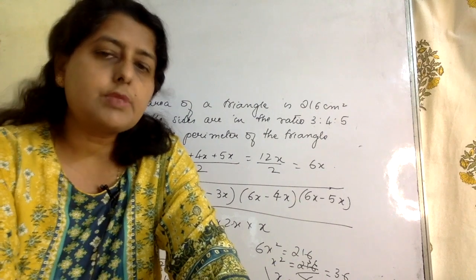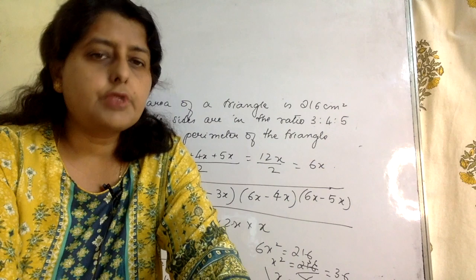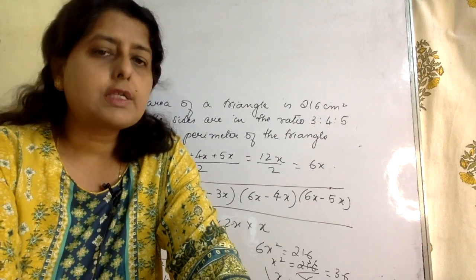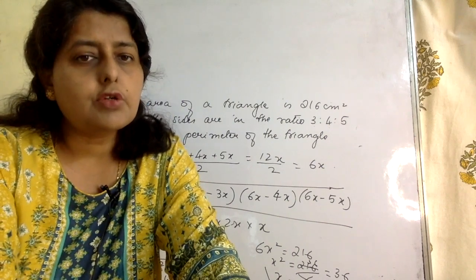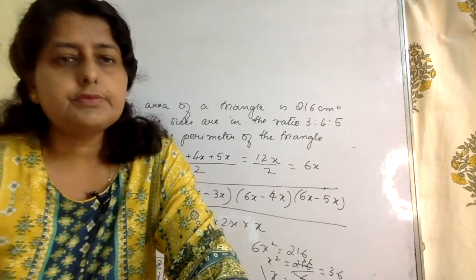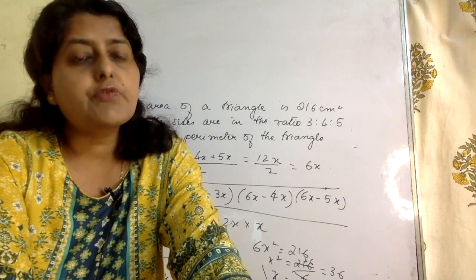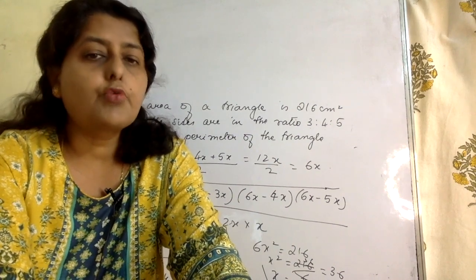I have done sums based on all of them, and tried to take slightly difficult questions on this chapter. The next video is going to be on quadrilaterals, taking up different types of area and perimeter of quadrilaterals.